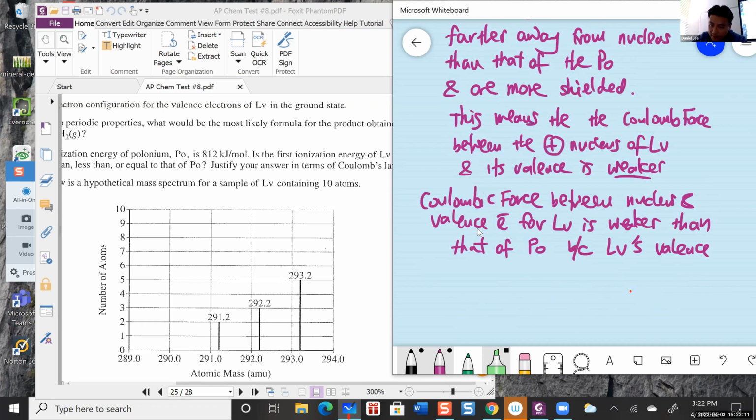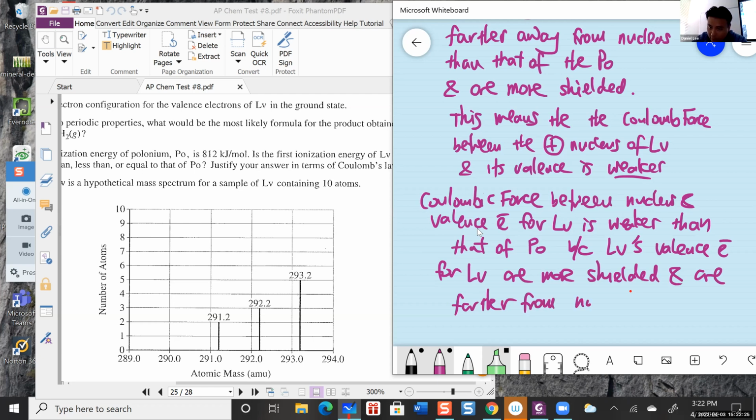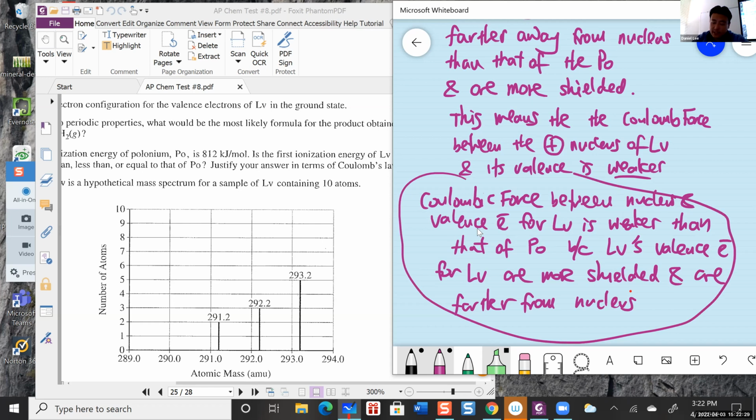So that's probably the better way to say it. The valence electrons for LV are more shielded and are farther from the nucleus. I would actually prefer this way. So you just correct yourself as you write answers.